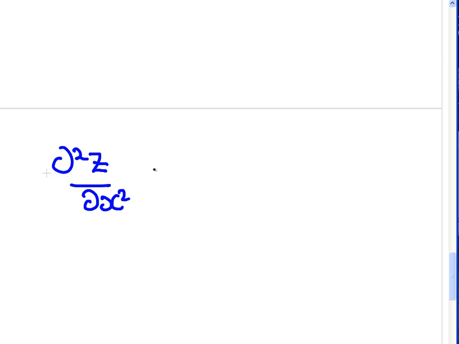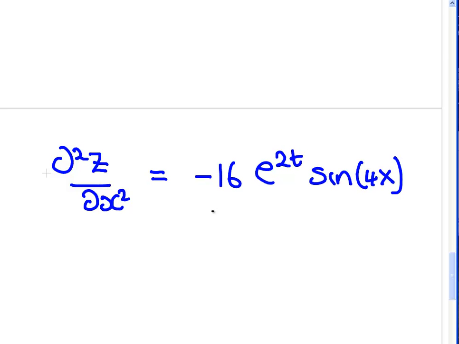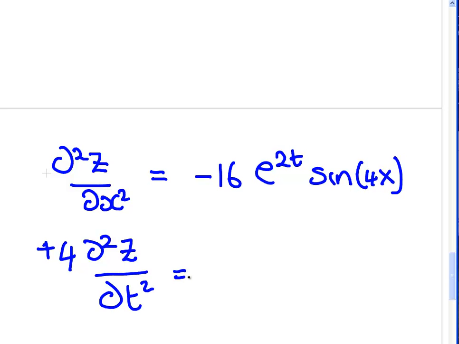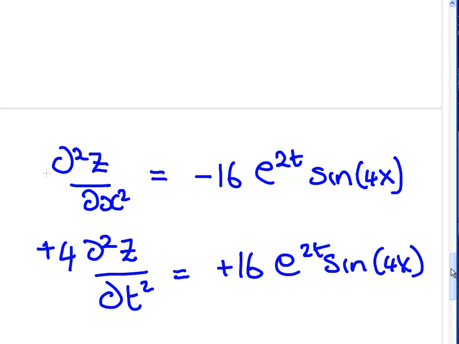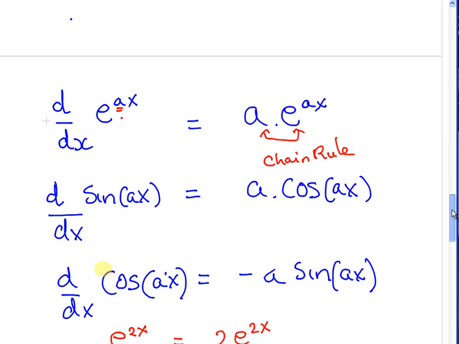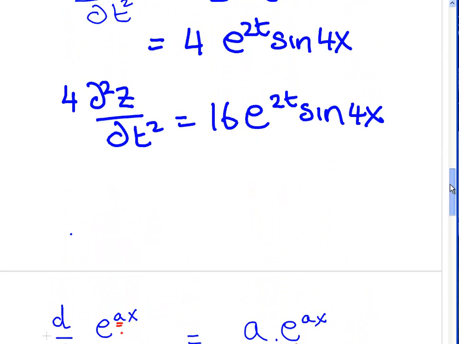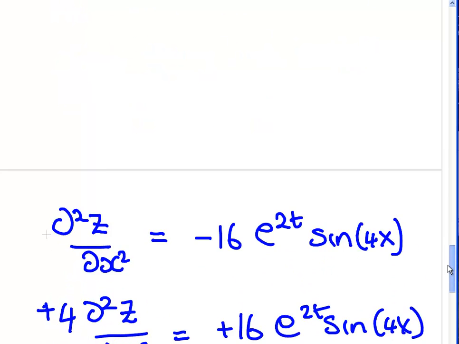And again, what we're saying, that is minus 16 e to the 2t sine of 4x. You can just check your notes there. Essentially, also what we're saying is plus 4 times the second derivative of z with respect to t. That is equal to plus 16 e to the 2t sine of 4x. Okay. There we have it there. Double checked. Good stuff.